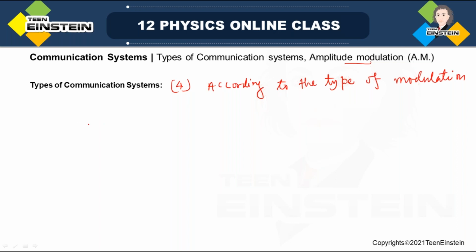So according to mode of modulation, there are two types actually. One is for continuous carrier wave, where the carrier wave is a sinusoidal function which has a continuous variation.